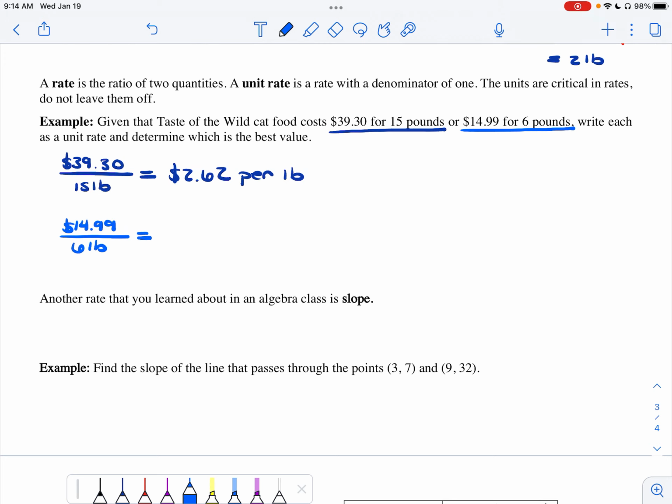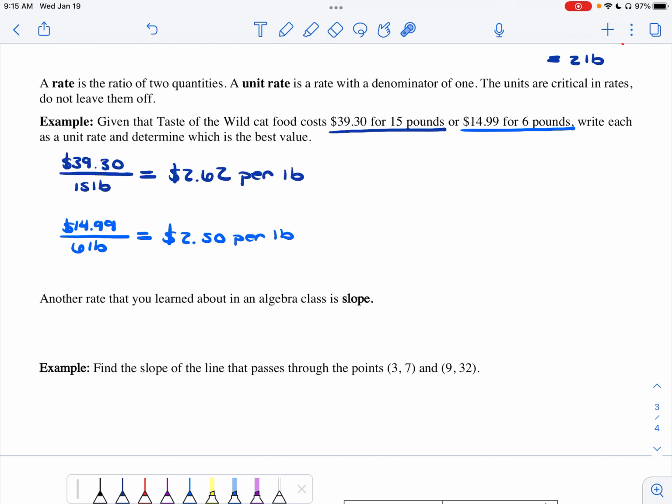To get this as a unit rate, I'm just going to plug into my calculator 14.99 divided by 6, and I have 2.498, so that would round to $2.50 per pound.